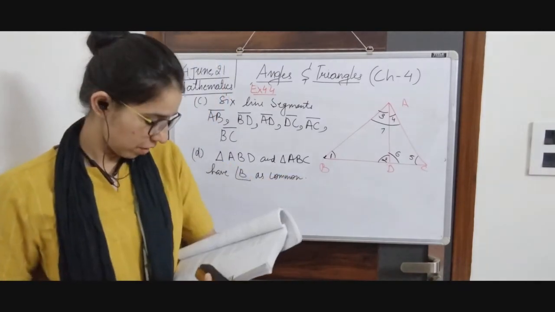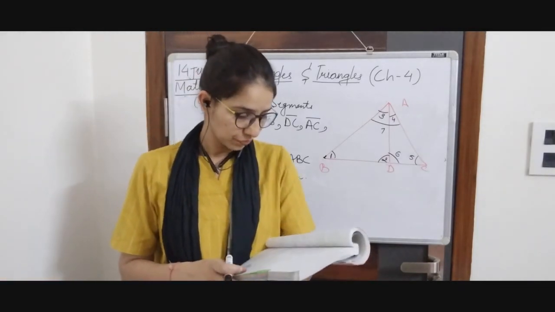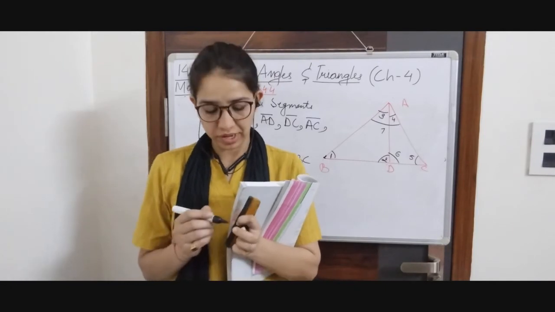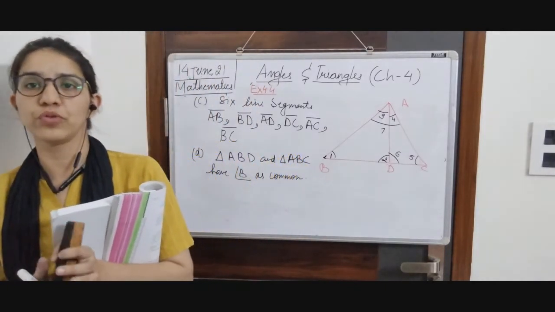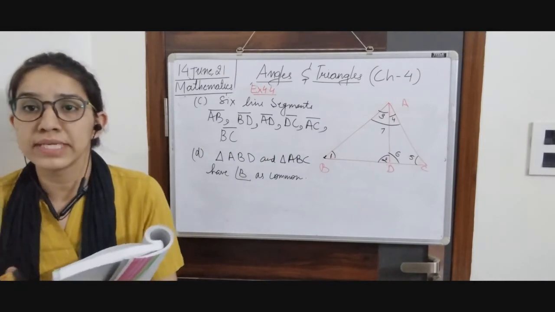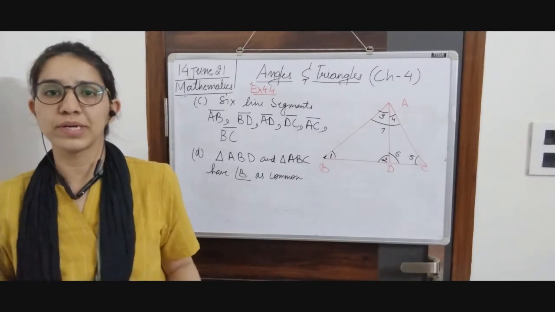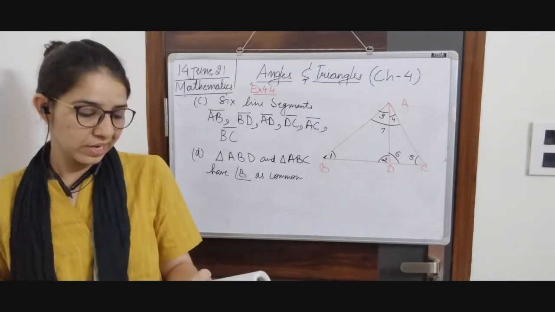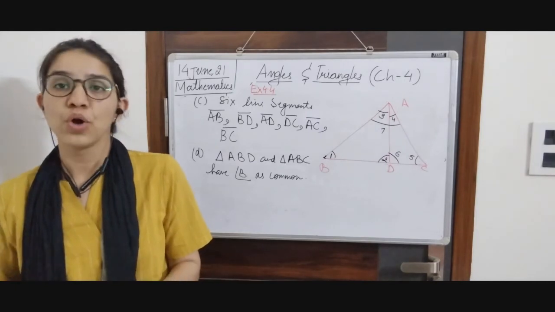With this we have completed exercise 4.1. These angles and triangles are quite an important topic from the exam point of view. We will be using a lot of them in our senior classes, even in 9th and 10th. Next topic that we are going to study is quadrilaterals.